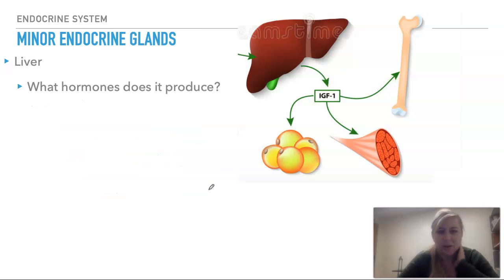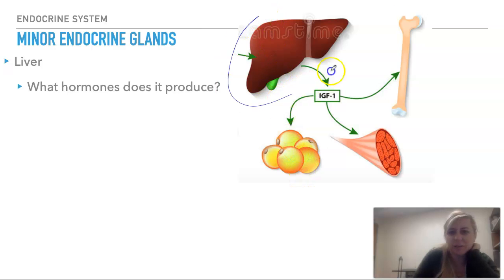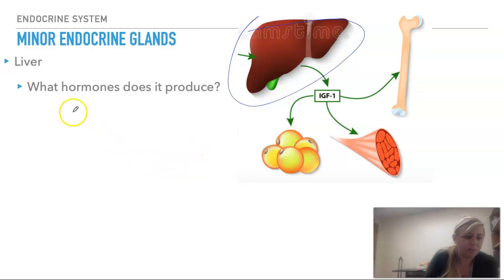Okay, our next minor endocrine gland you should recognize here as being the liver. See the liver there? And it produces several different hormones. The first one is called insulin-like growth factor. And that's the one that you see here.